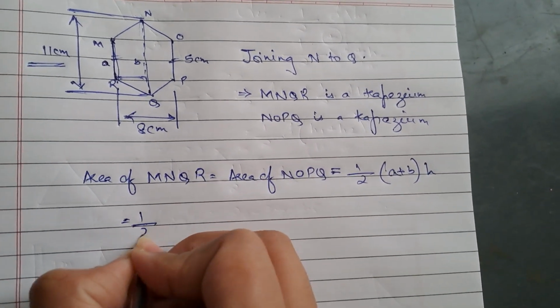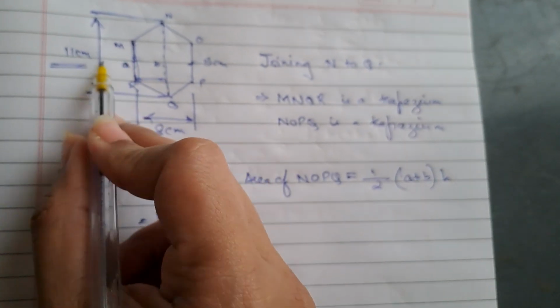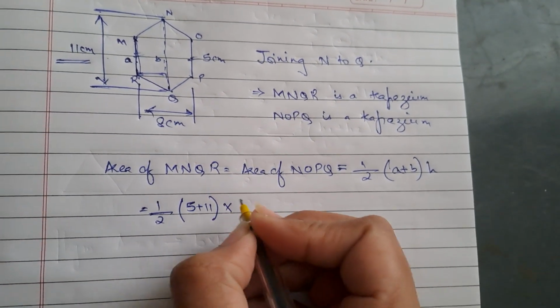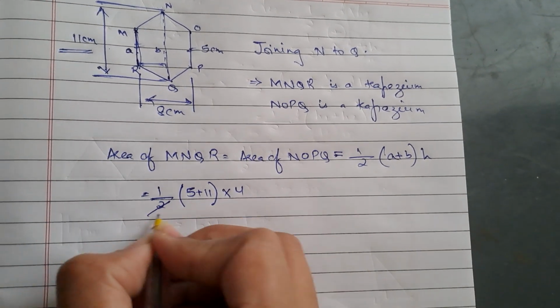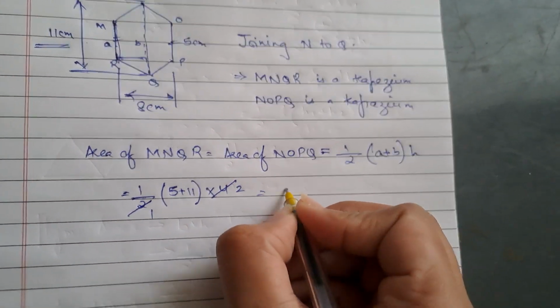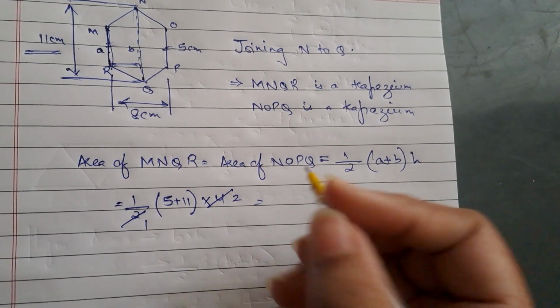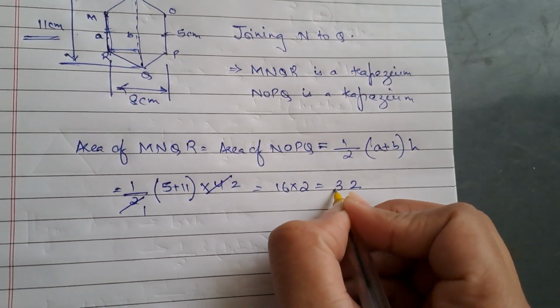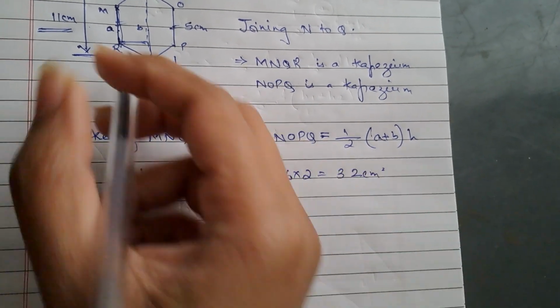Half of A is 5, and this is 11, so 5 plus 11 times H, which is 4. Two ones are two, two twos are four. So what are you left with? 5 plus 11 becomes 16, times 2, which is equal to 32 centimeters square. This is only for one part.